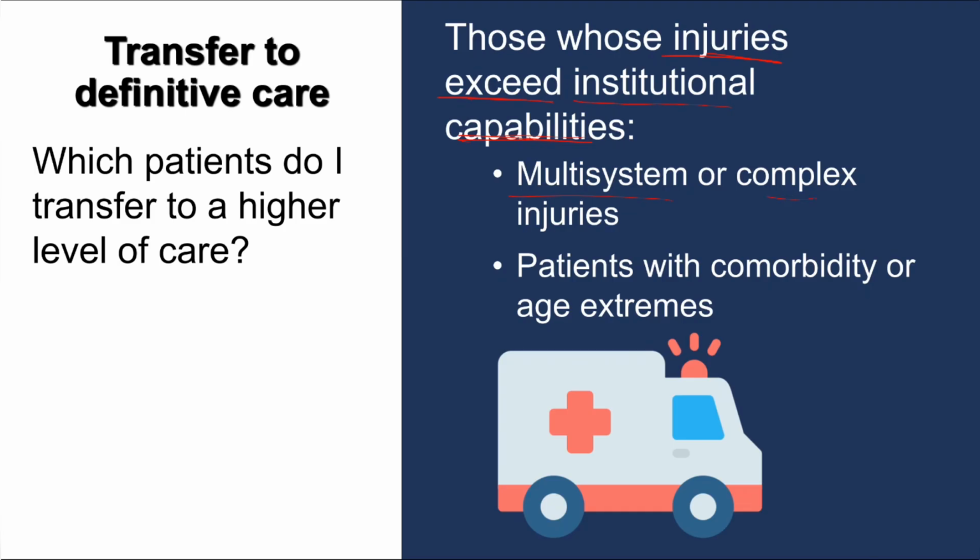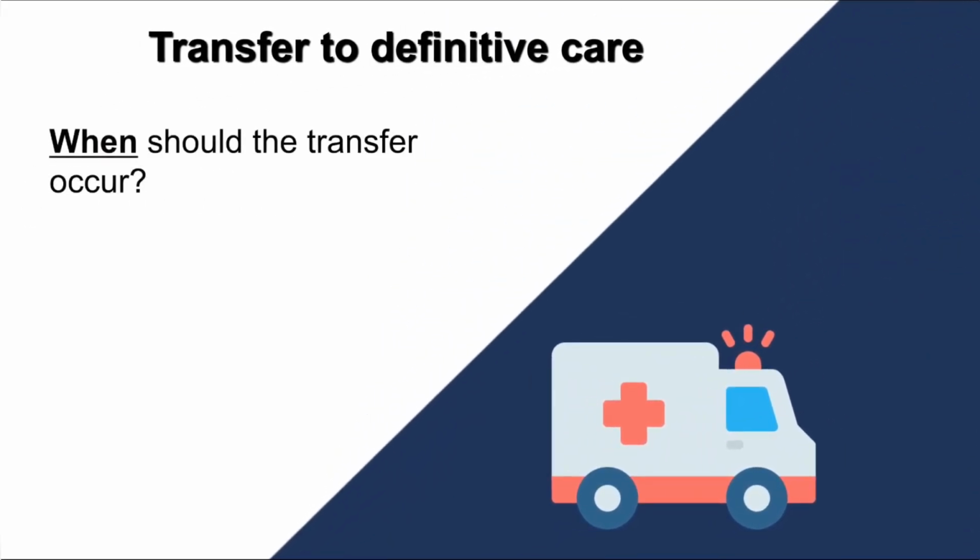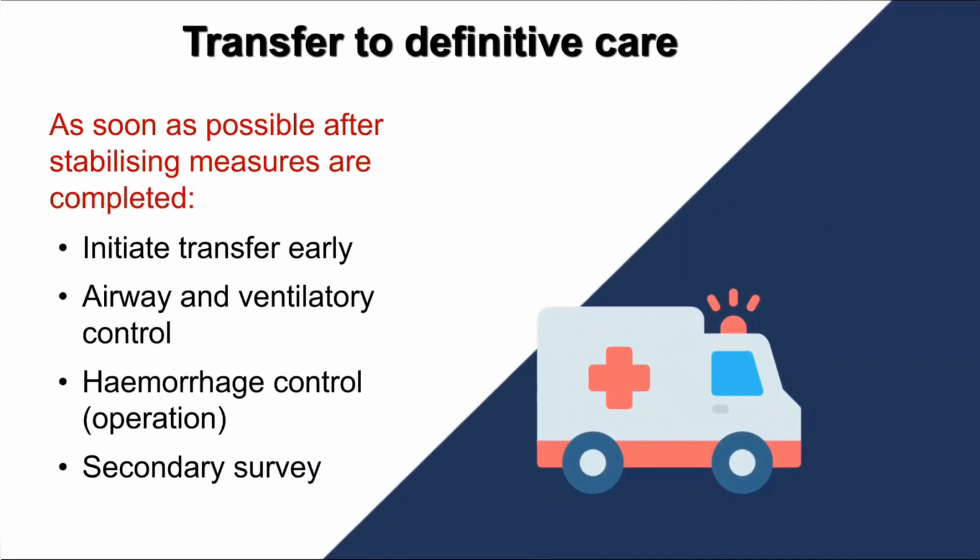If there is multi-system or complex injury, patients with comorbidities and extreme ages also might need to transfer to another hospital. The transfer should occur as soon as possible after stabilizing measures are completed. It means the airway and ventilatory control being done, hemorrhage being controlled, sometimes even operation might be done.